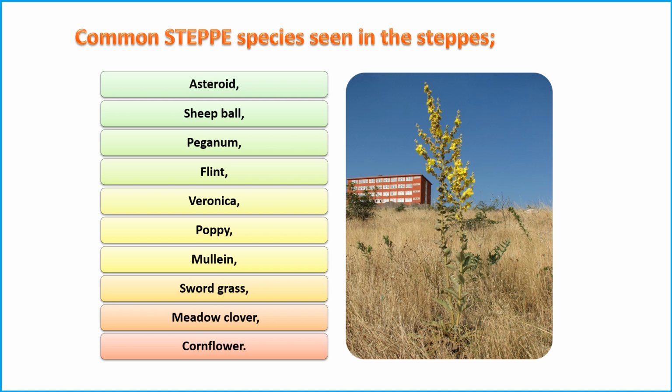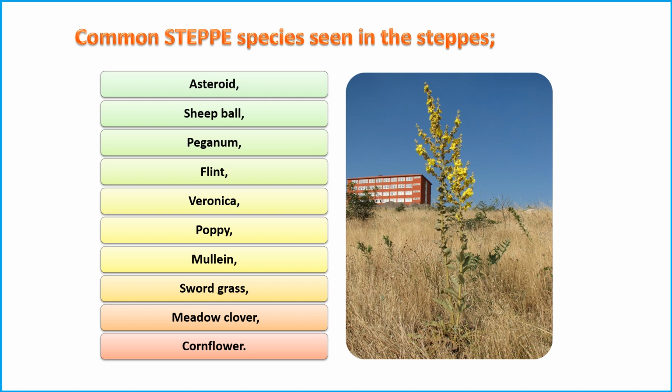7. Mullein, mullein plants, known for their tall flower spikes, are often found in disturbed or open areas, including steppe regions. 8. Swordgrass, this term may refer to various grass species with blade-like leaves adapted to drier and open environments. 9. Meadow clover, certain clover species, adapted to grassland habitats, may be present in steppe regions.